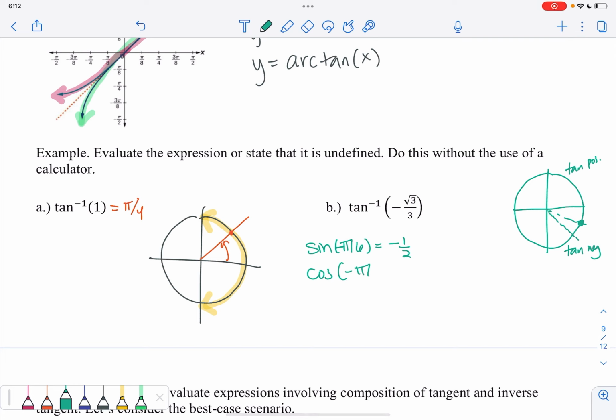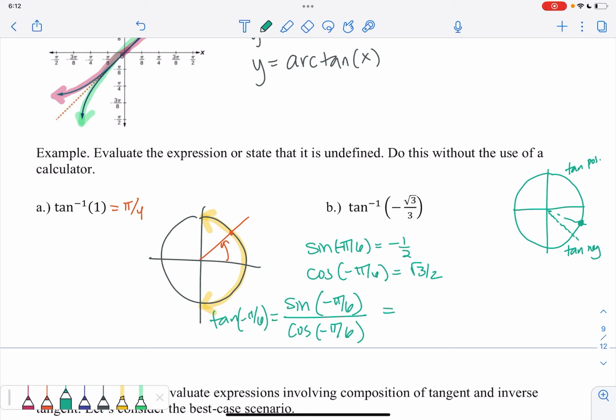Cosine of -pi/6 is √3/2. Sine of -pi/6 over cosine of -pi/6. Okay, well, what's this? This is just tangent. Okay, well, what do I get? I get -1/2 times the reciprocal of √3/2, which is 2/√3.